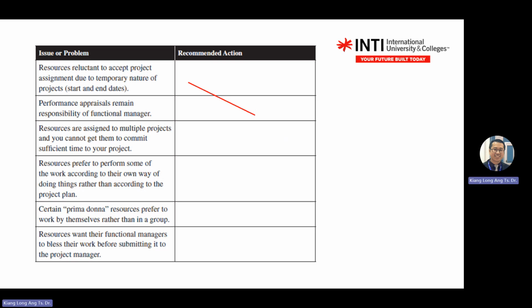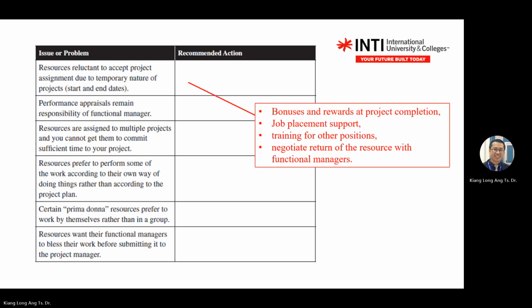If you quarrel with the operator, it means you don't know how to manage people. Then you go and complain to your boss, no use. You talk to the boss of that person, the FM. So the keyword here is you talk to FM.